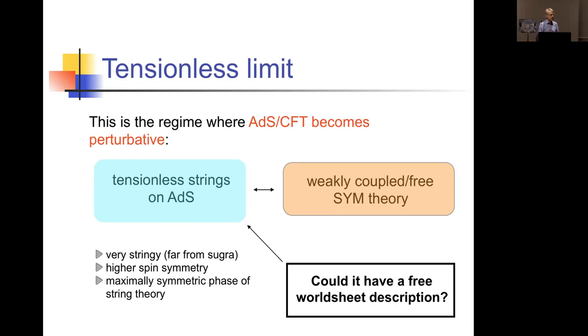And that's what I want to convince you of: what's special about a string dual of free or weakly coupled super Yang-Mills is that it has a free field worldsheet description. A free field worldsheet description is something you'll be able to study, analyze, calculate, whatever you want. Therefore, you have things under control if you work with the worldsheet, and you can hope to directly prove that this matches with the perturbative weakly coupled super Yang-Mills description.